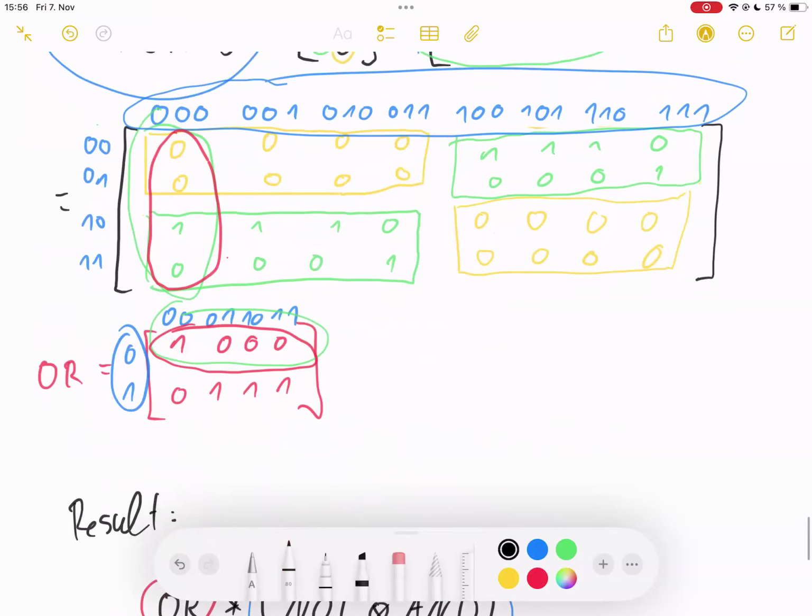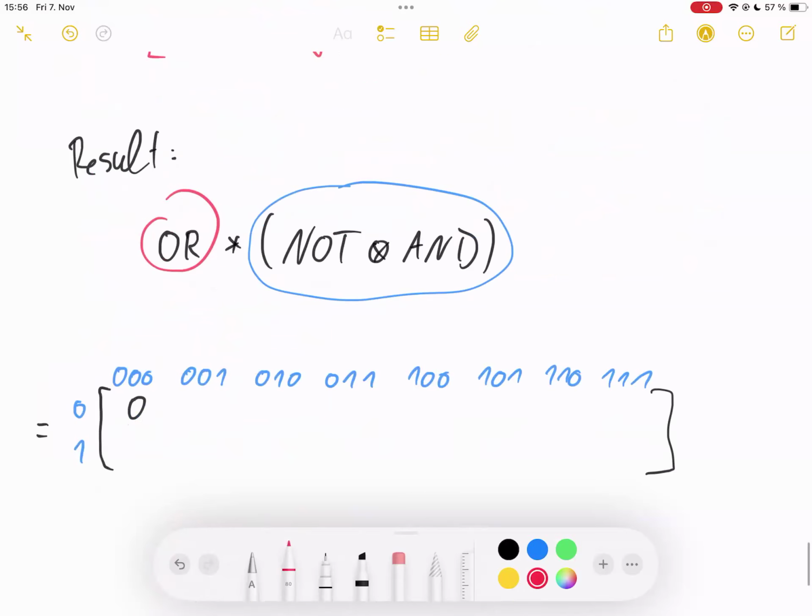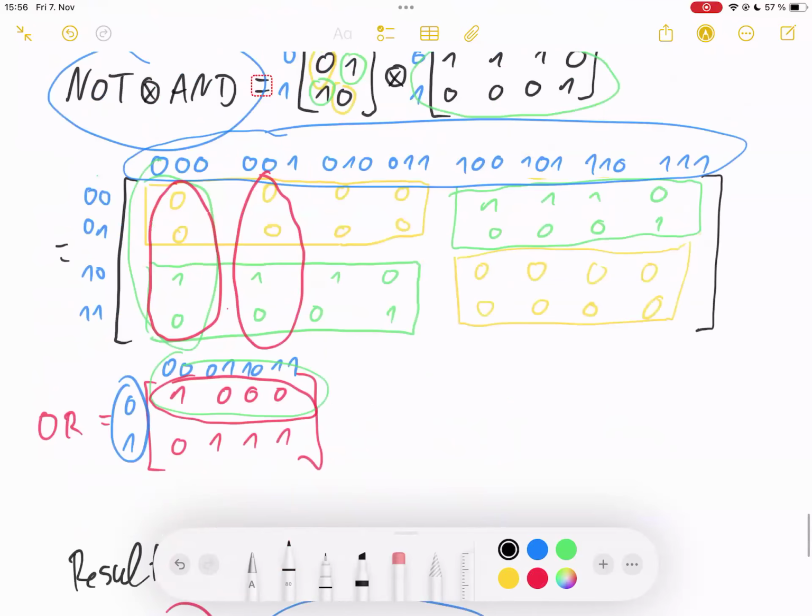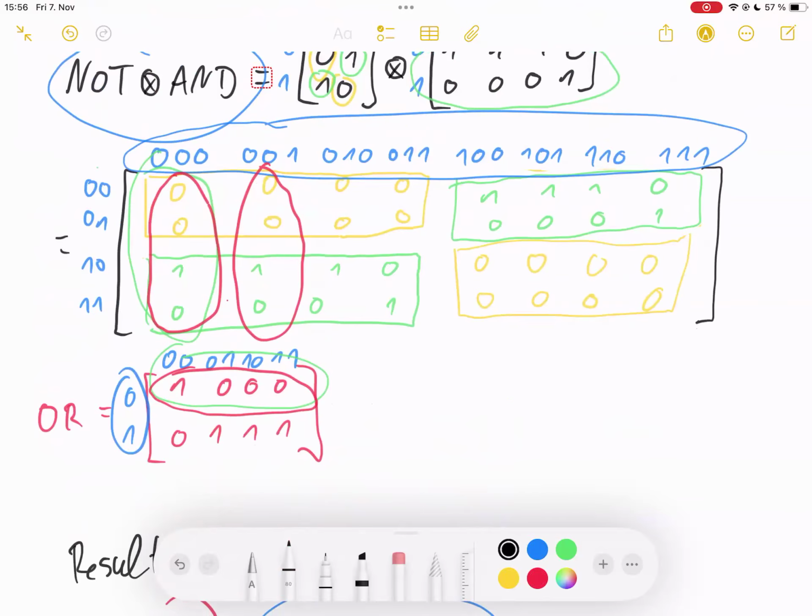The next one would be this column, and my row would also be 0. So I quickly want you to do this matrix multiplication, so multiply OR from the left and send me the result.